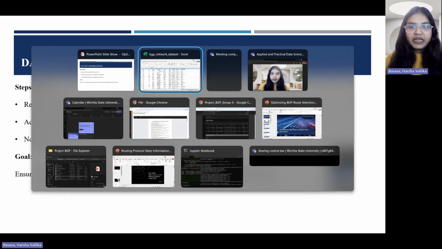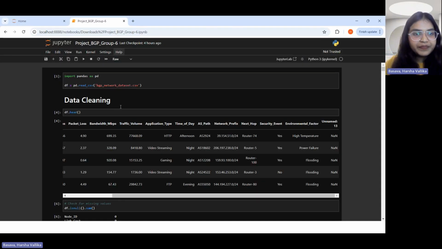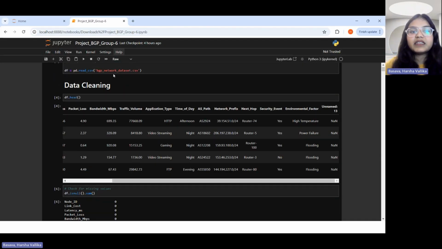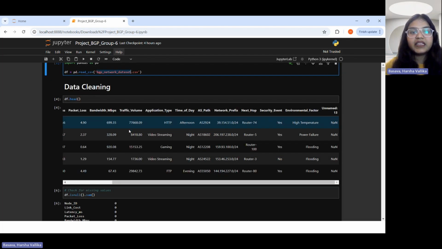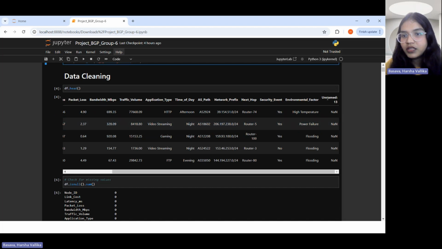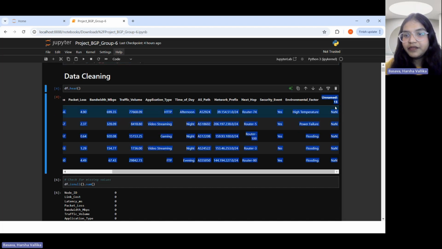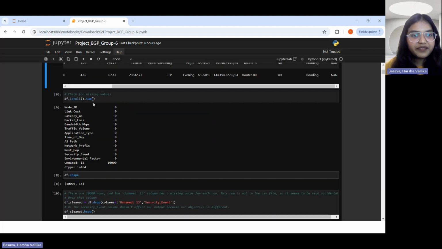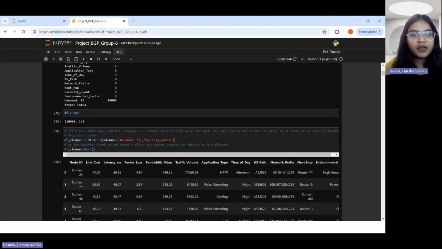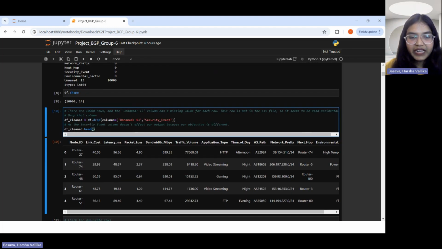So let me quickly show you the running code. This is the data set that we have taken. We read the data set into a data frame, and then this is the information. The column Unnamed: 13, which has null values, has been removed. And we have checked if there are any missing values across the data set, and we have cleaned it.